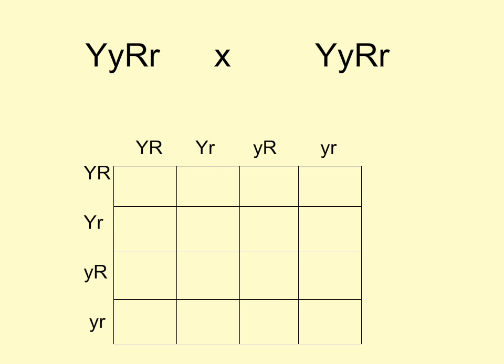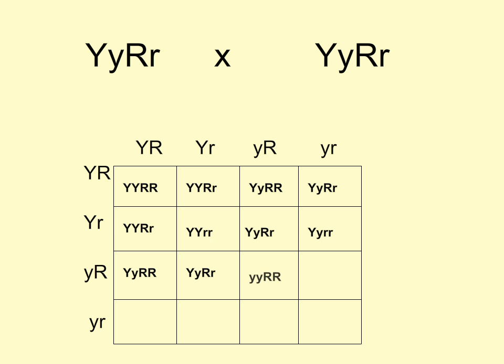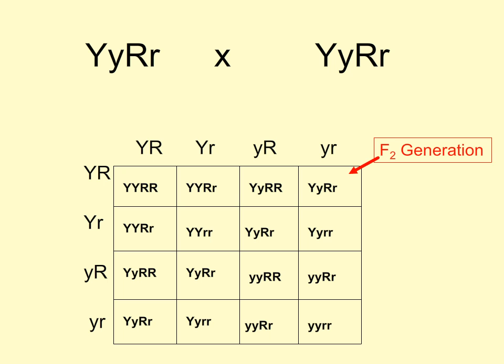Now, try to fill in the squares before I do. This shows the probability of our offspring for the F2 generation.